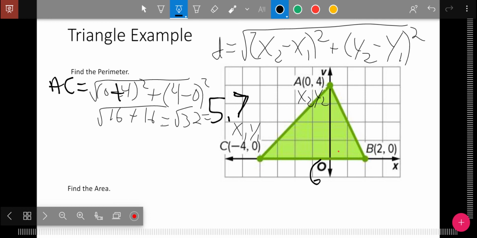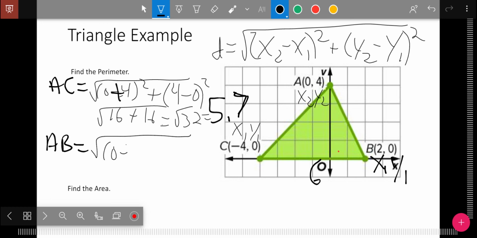Now I'm going to do the same thing for side AB. Right. I've already called this one x2, y2. And so now for this one, I'll call this one x1, y1. And so equals square root 0 minus 2 squared plus 4 minus 0 squared.